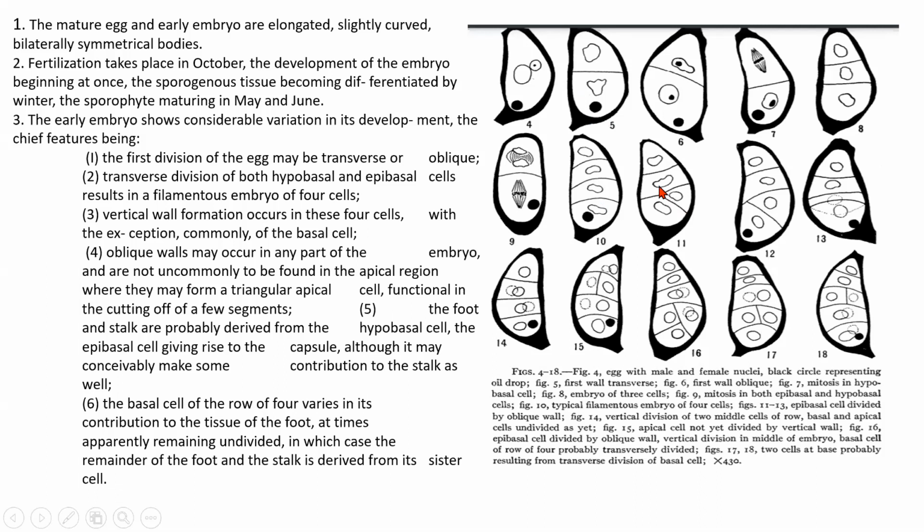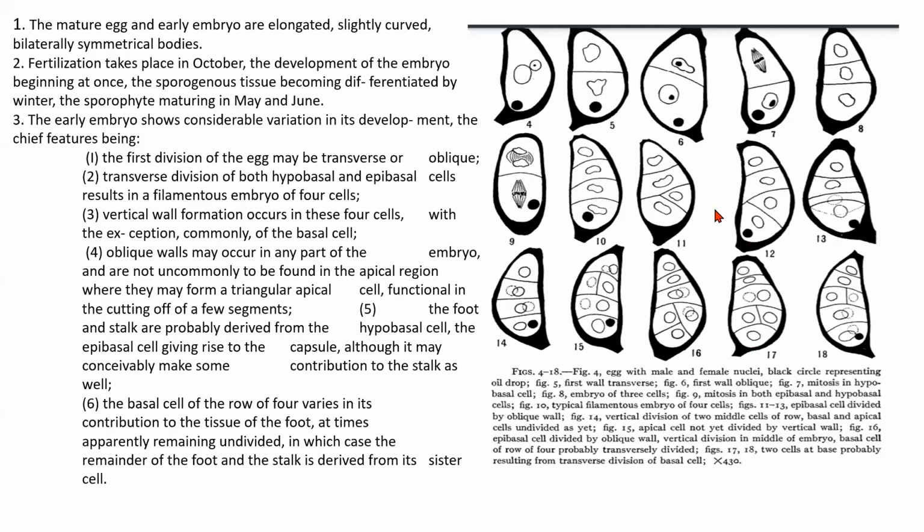It is an oblique wall. The vertical wall is oblique. Commonly in the basal cell you can see the vertical wall development. This is to cut the foot and the stalk portion. So this portion forms the foot.